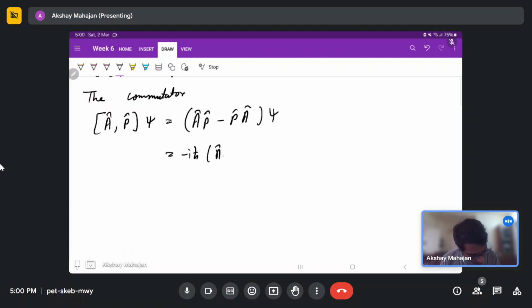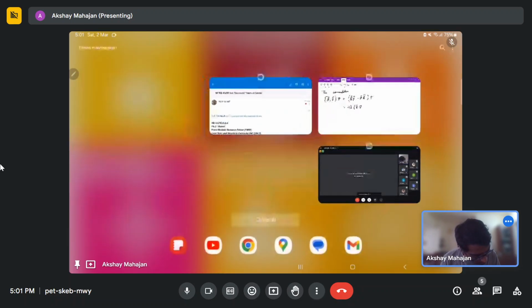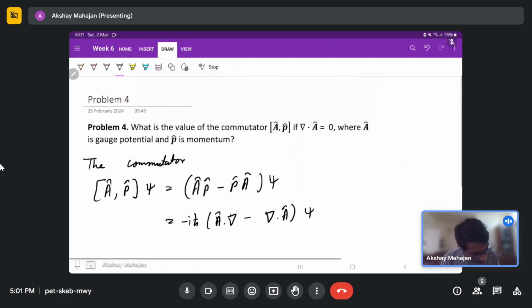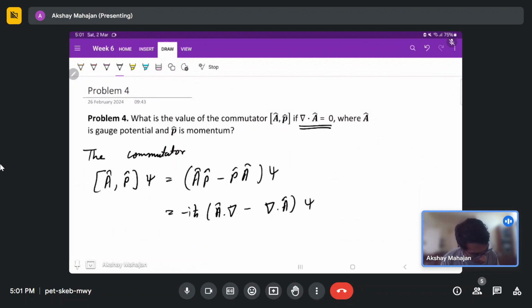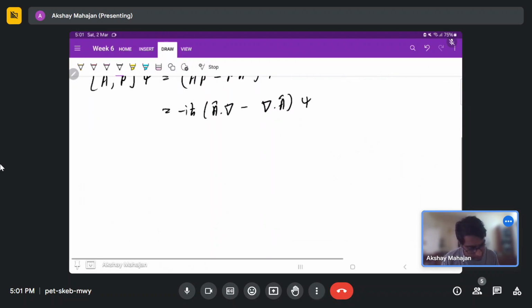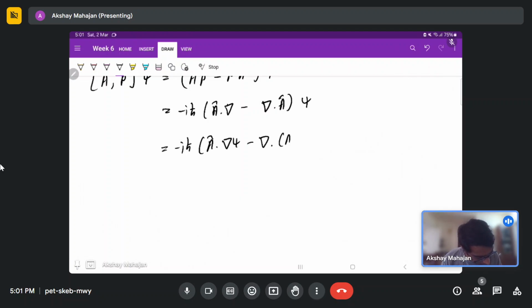So we have A dot the gradient minus gradient dot A times psi, and it is given to us that divergence of A is 0. So what we'll have here is minus iħ [A · ∇ψ − ∇·(Aψ)]. Let me just write it with these brackets.